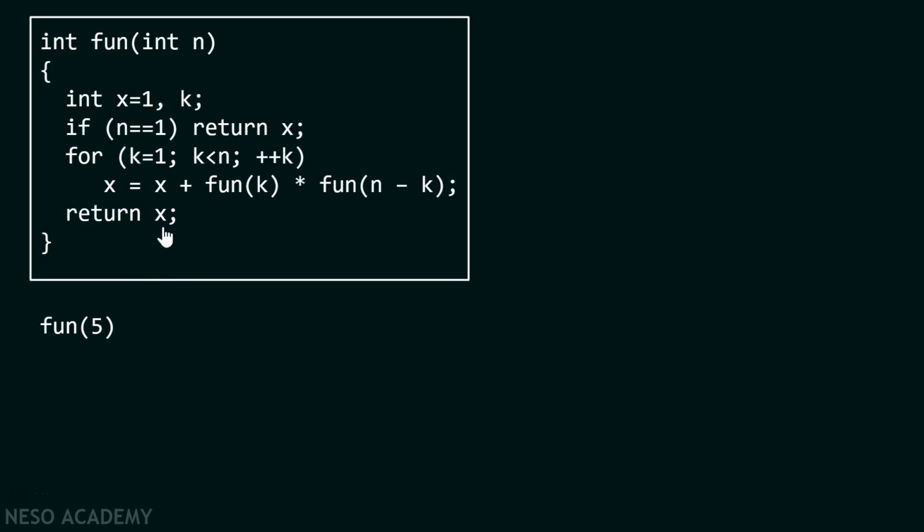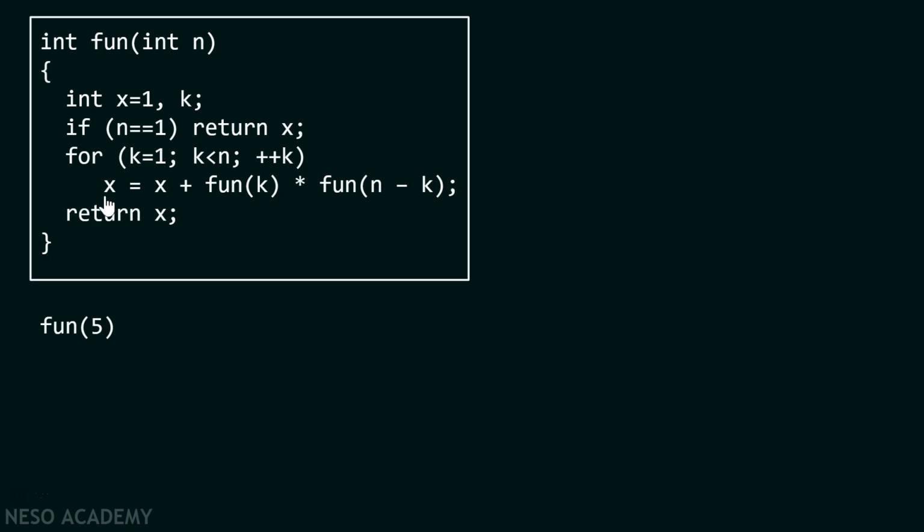Now the main thing that we need to understand is this for loop. This for loop executes from 1 to 4. For the first iteration, that is when k equals 1, we are executing the statement x equals x plus fun k into fun n minus k.